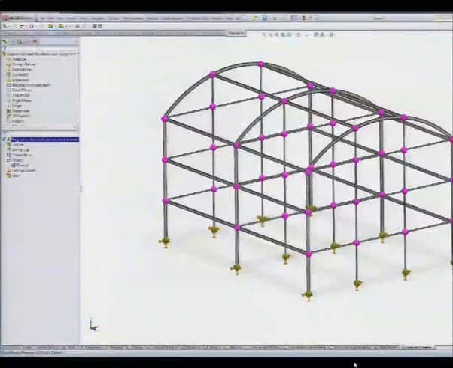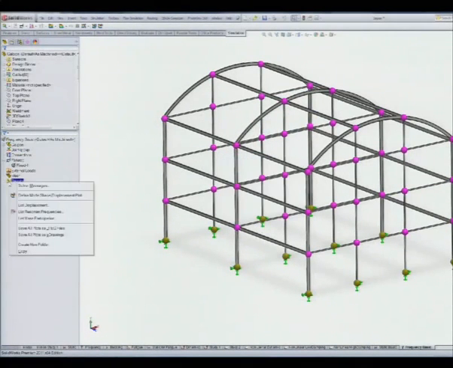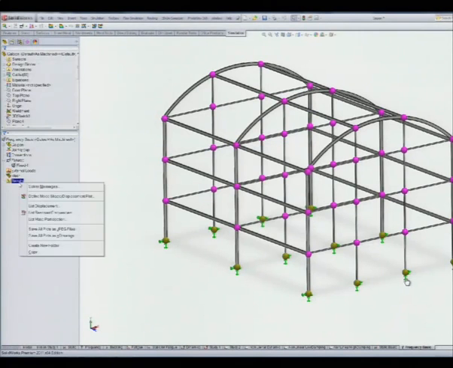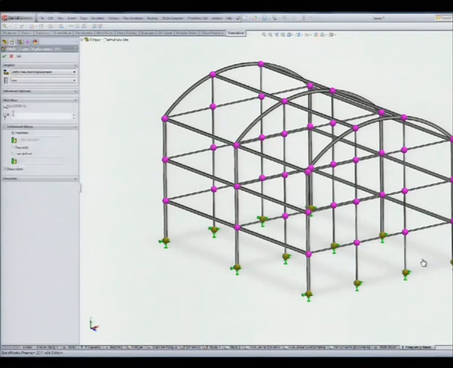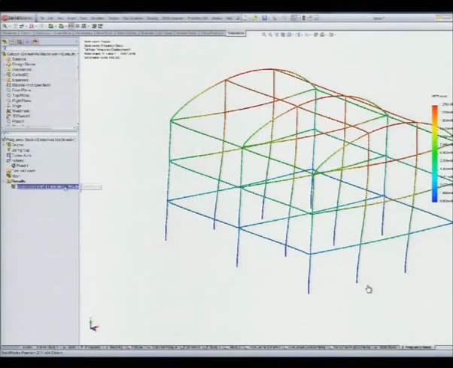SolidWorks simulation takes into account the mass of the component, because actually what SolidWorks does is discretize the beam in finite elements. So every finite element takes the mass. Of course, if you have another component, you have to include it.